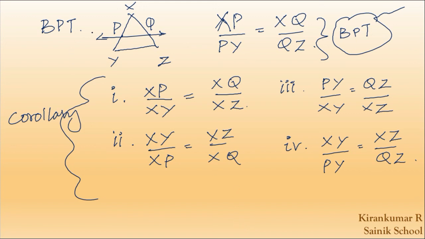That is, if the ratio of the two sides divided by a line are equal, then the line will be parallel to the third side. We are going to learn the converse in the next session.